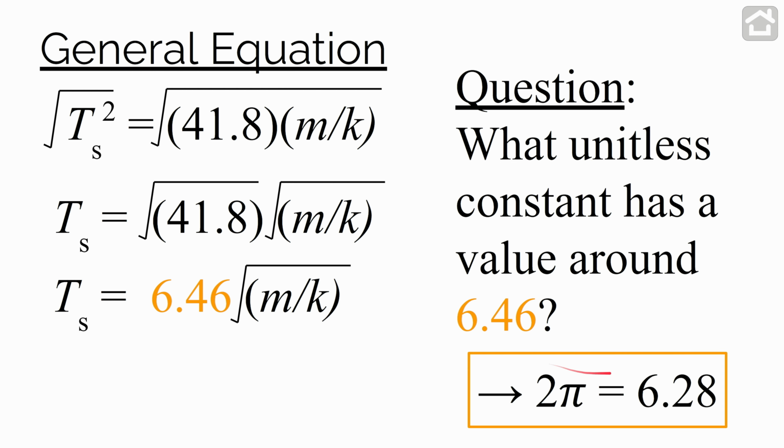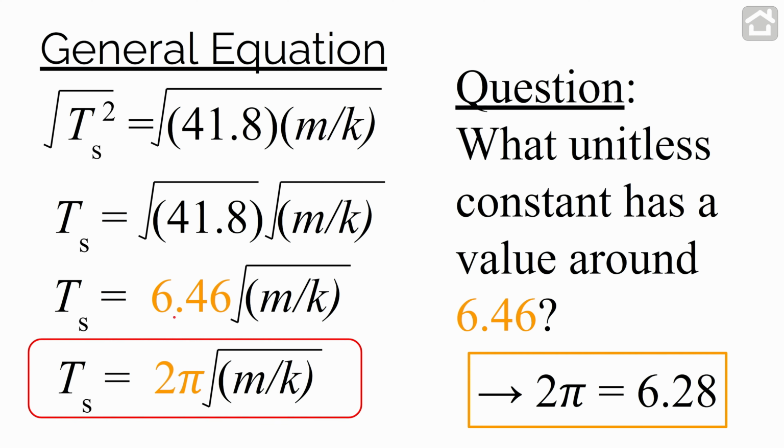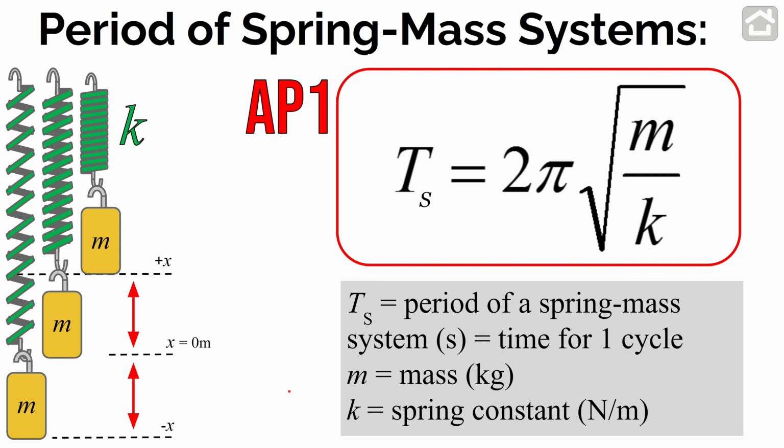It turns out 2 pi is approximately 6.28. So our unitless number is 2 pi. So the general equation for the period of any spring mass system is: period equals 2 pi times the square root of the mass of the system divided by the spring constant of that spring mass system.